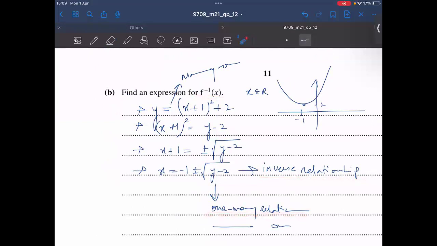But there's still a way we can have an inverse function for a quadratic function. For that, we need to restrict the domain. We need to make some changes to the domain.